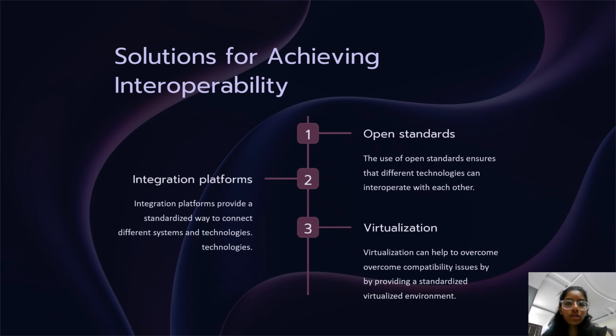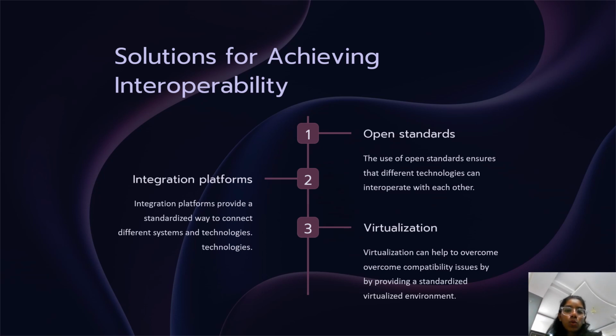These are the solutions for achieving interoperability. Open standards: the use of open standards ensures that different technologies can interoperate with each other. Integration platforms provide a standardized way to connect different systems and technologies. Virtualization can help to overcome compatibility issues by providing a standardized virtual environment.